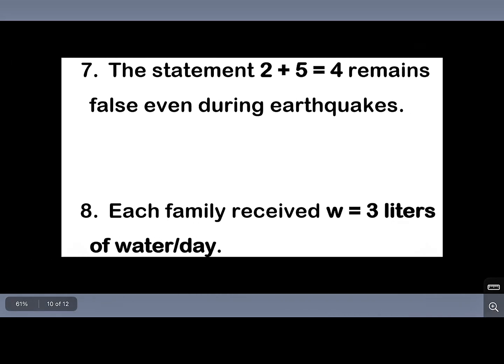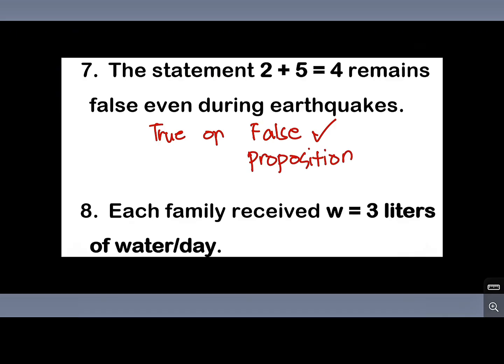Number 7. The statement 2 plus 5 equals 4 remains false even during earthquakes. So here, 2 plus 5 equals 4 is an equation. Though the answer is false, it is considered a proposition because it represents a truth value, which is false. Number 8.